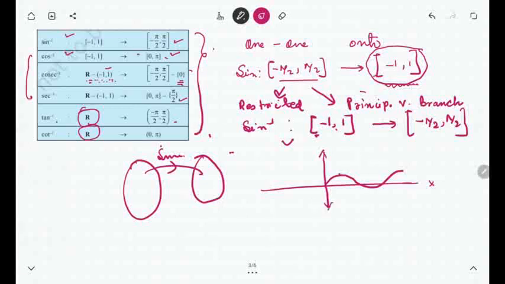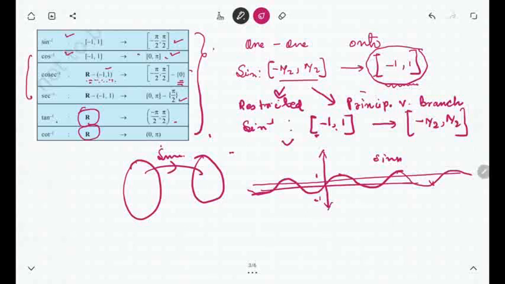Its maximum value goes to 1 and minimum to -1. So if we don't restrict our domain for the sine function, then it is not a one-one function. If you draw a line parallel to the x-axis, it intersects the curve at infinitely many points. It goes on like this, the sine curve.